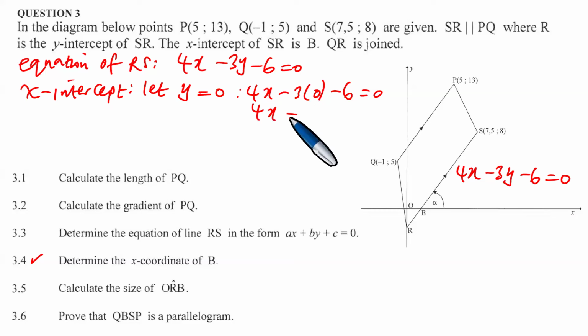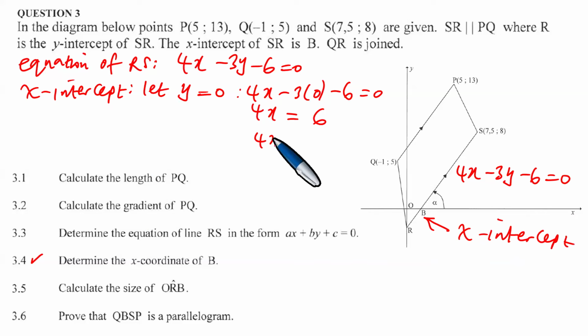This gives us 4x equals 6, transposing the 6 to the right-hand side. We want to solve for x, because the point B is the x-intercept of the straight line. We divide both sides by 4 and get x equals 3/2.